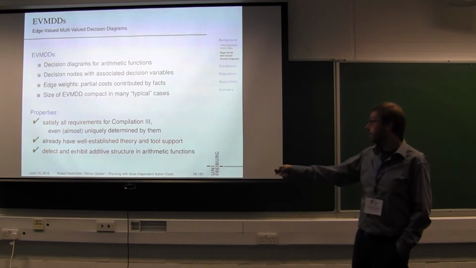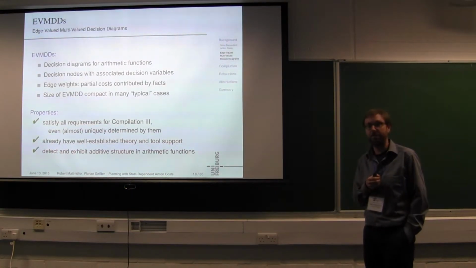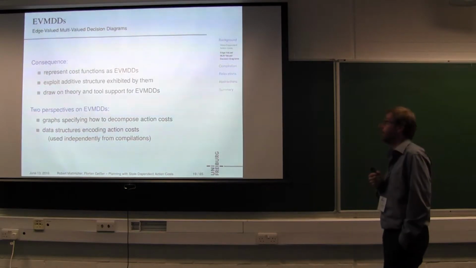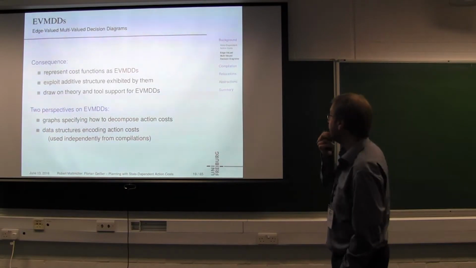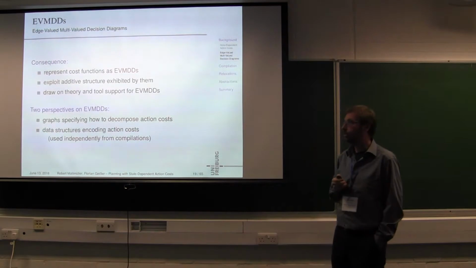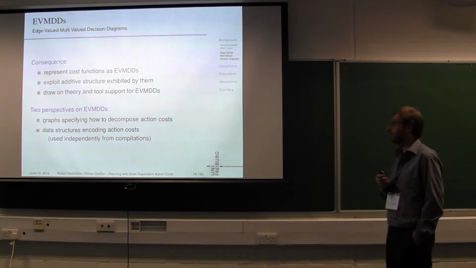They already have a well-established theory and tool support, and they detect and exhibit additive structure in cost functions. For us, this means, well, let's just exploit this. Let's represent our cost function as such edge-valued diagrams, exploit the additive structure exhibited by them, and use the tool support and theory. It's already there.